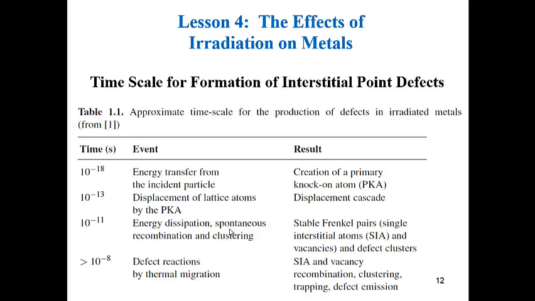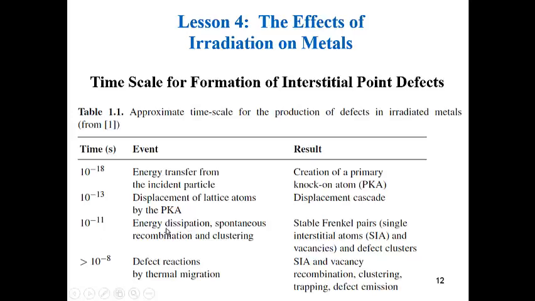And so we have started then, in 10 to the minus 13 seconds, this displacement cascade. In 10 to the minus 11th seconds, order of magnitude, we have dissipation of the energy of this primary neutron and the primary knock-on atom.